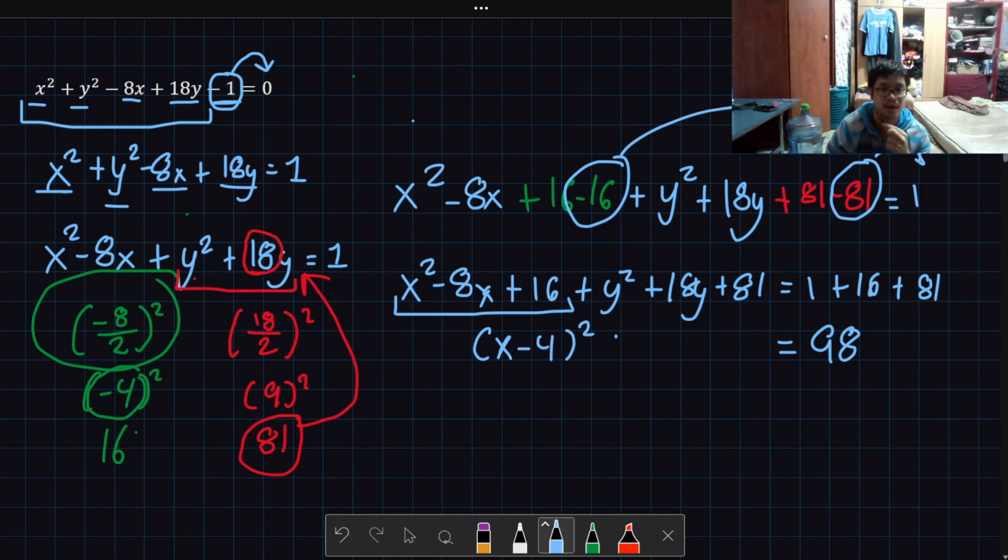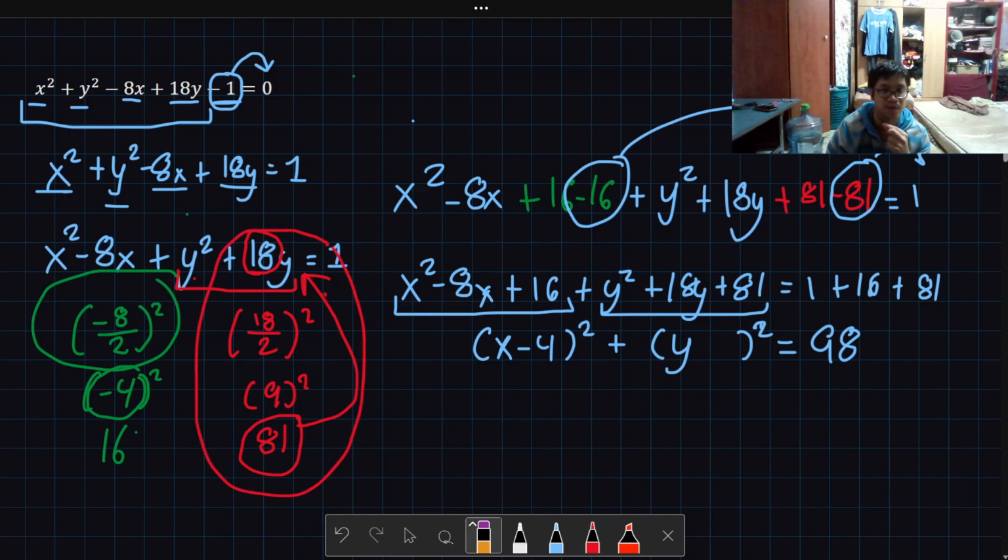Now you will do the same thing for the y. So you will have, similarly, a parenthesis and then a squared. And since the variable here is y, you will put y here. Now for the y, you're going to go back again here. But since it's a y, you're going to focus on this part. Remember that we have 18, right?